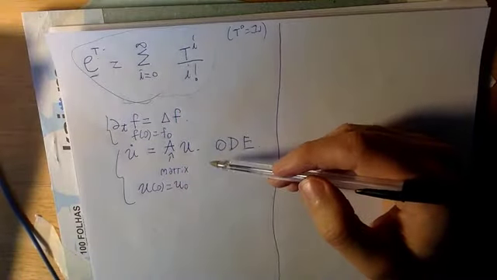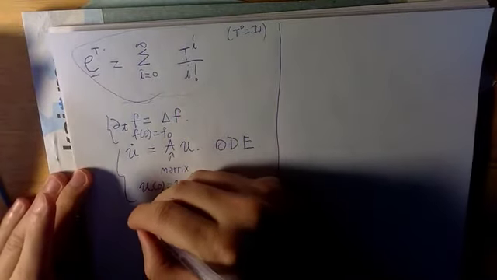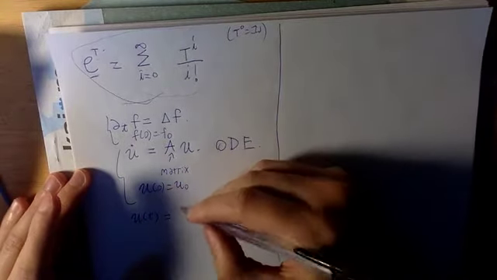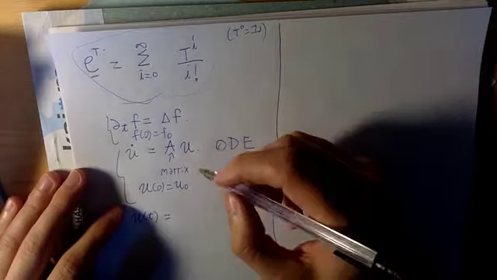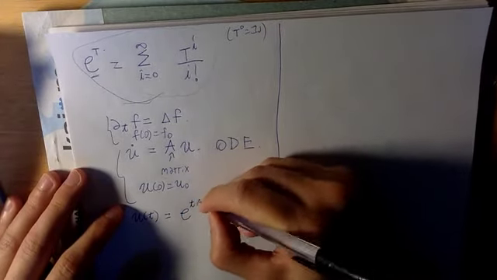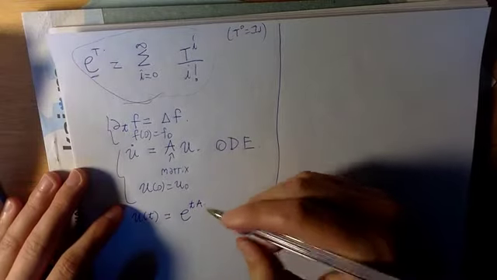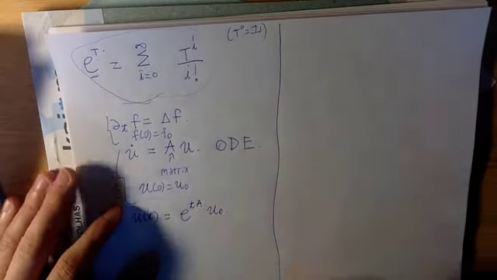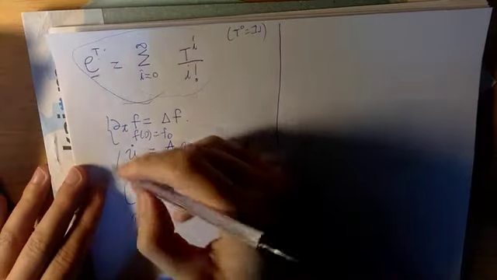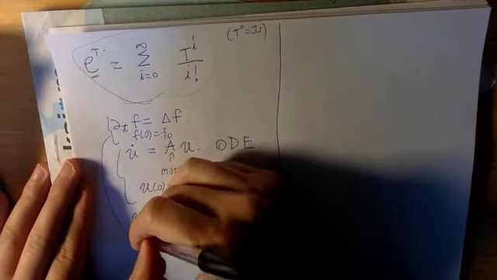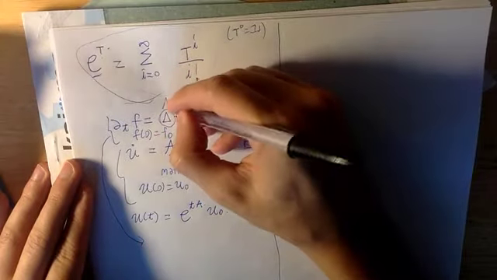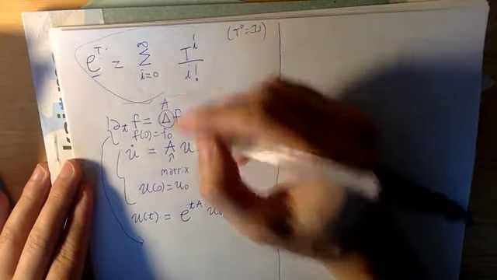If you look at the solution of this ODE, what you're going to see is that u of t is, and one should be a little bit careful with this, e to the tA, the exponential of the matrix, applied to u0. In particular, for this PDE, here I put the Laplacian, but I could put any linear operator A of f.